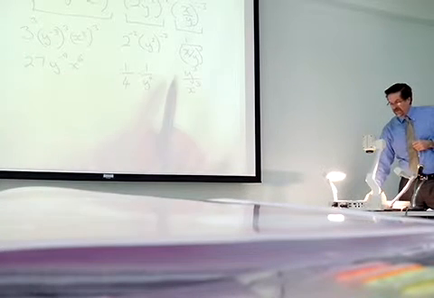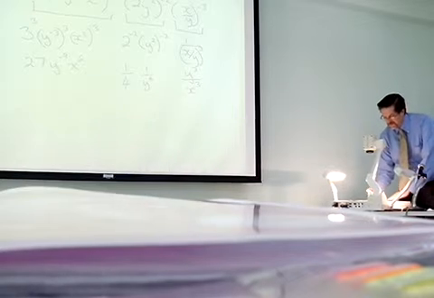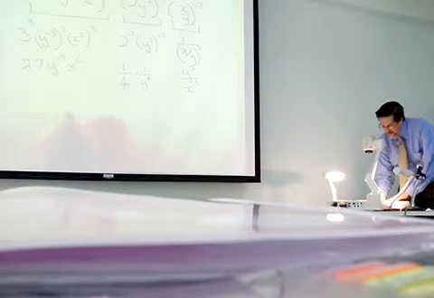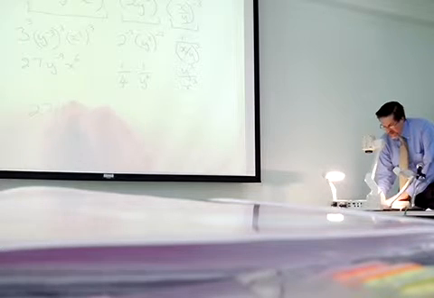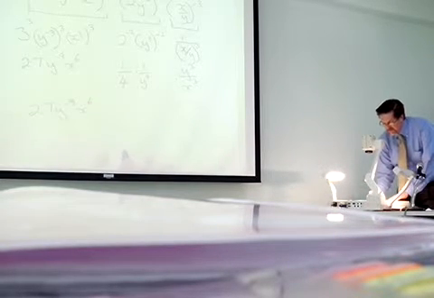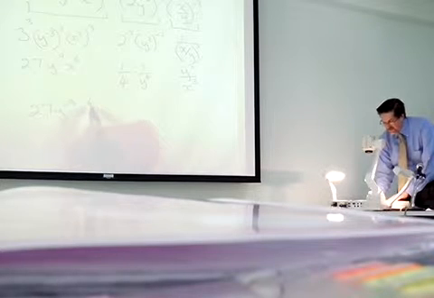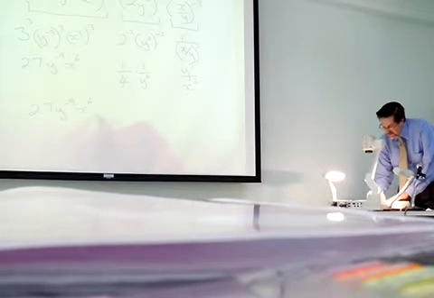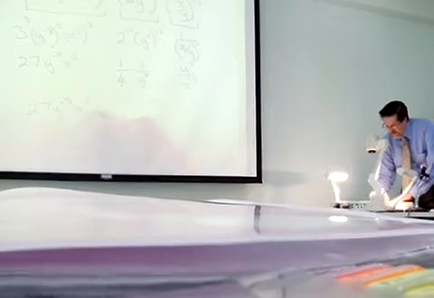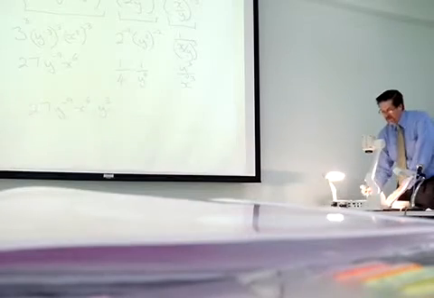So we have 3 terms multiplied together. So let's write that. 27y to the negative 9 times x to the exponent 6 times y to the exponent 3.